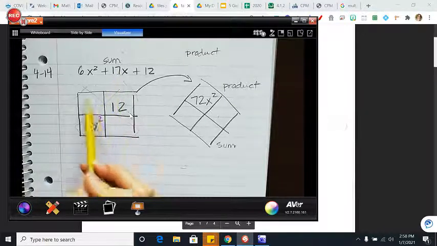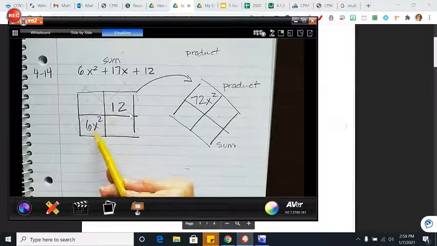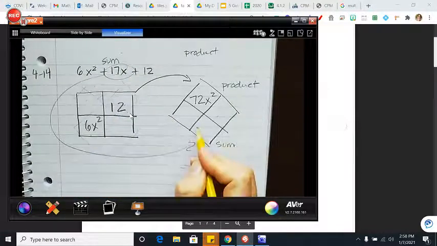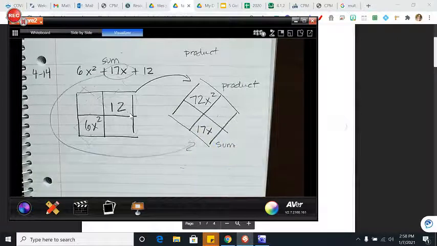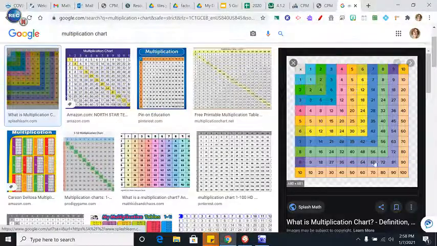So you know that together, these two numbers are going to multiply to give you 72, because the product has to be the same as this product, but you know they're going to add to 17x.